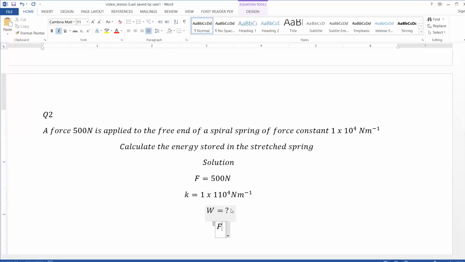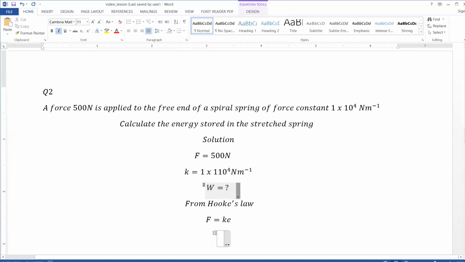So from Hooke's law, we can apply F equals to K E. This is to get our extension. So for the F, we have our 500 equals to the K. You pick the K value here and put it here and multiply that by your extension.